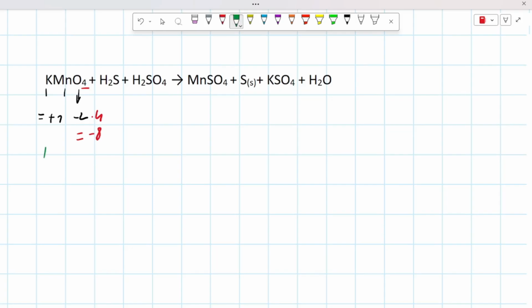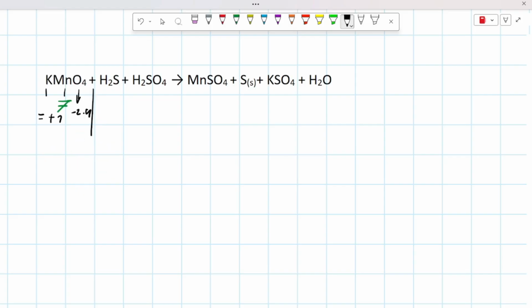So we know that we have +1 and -8, and this needs to be equal to 0. So that's -7 equals 0, so we have to add 7 here. So this 7 right here will be the oxidation state of manganese.